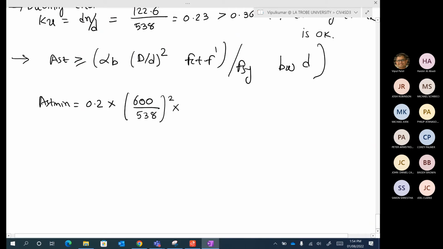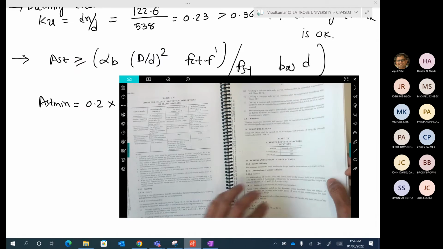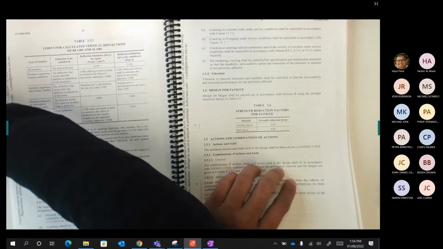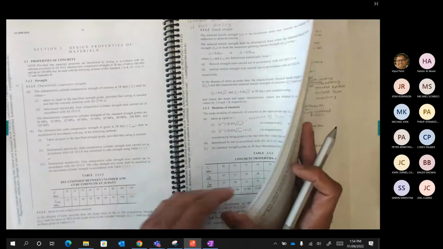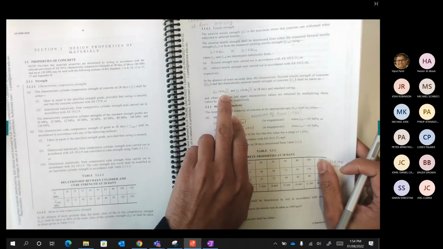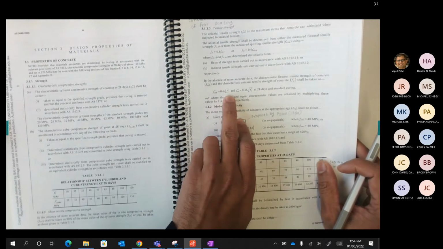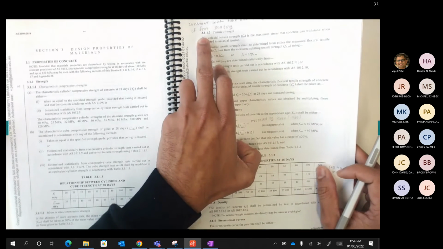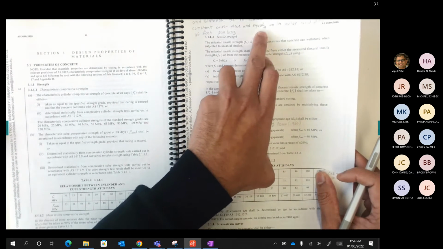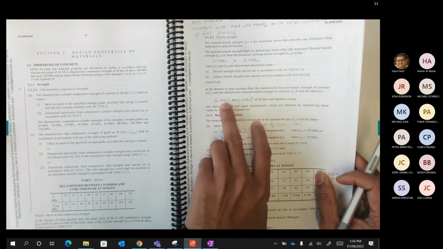Now to calculate fct.f, we can go back to section 3. fct.f is equal to 0.6 square root of fc dash, in clause 3.1.13, page number 45, which is just the tensile strength.